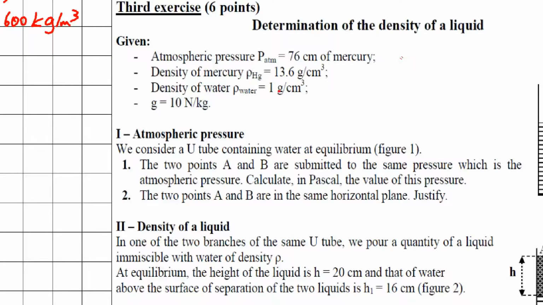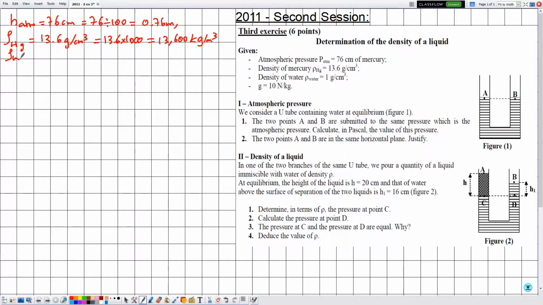And the density of water is given by 1 gram per centimeter cube, so this density is also not in the SI. Then 1 multiplied by 1000, so the density of water in the SI is 1000 kilogram per meter cube. And g is equal to 10 newtons per kilogram, which means that we are performing this experiment on the surface of Earth.